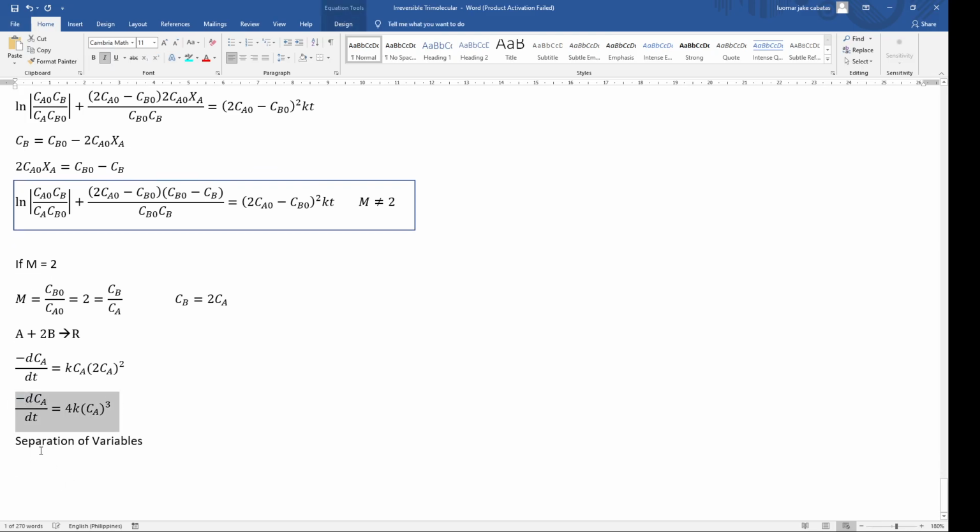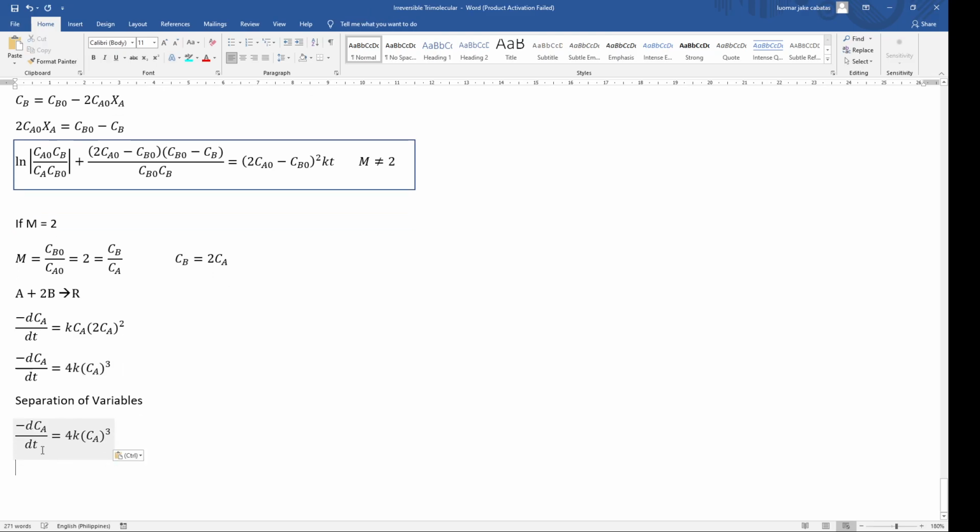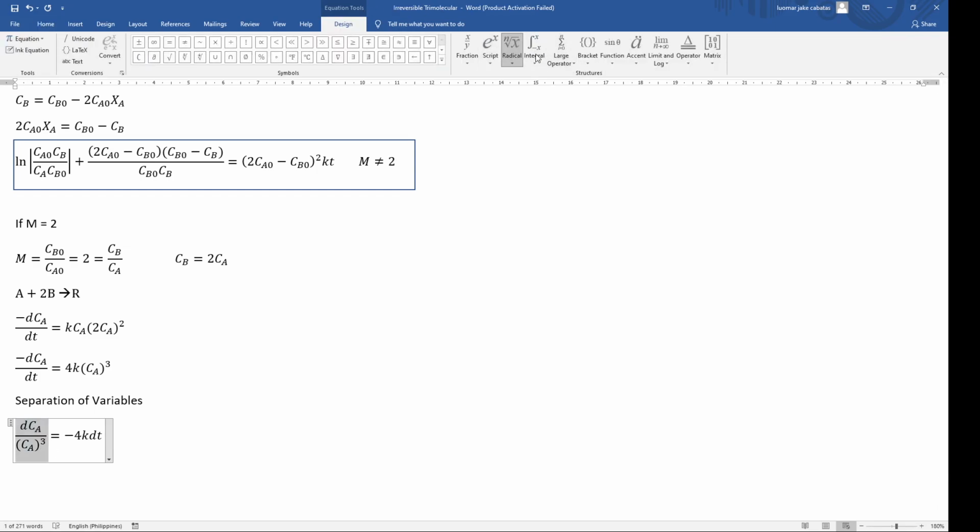So after doing separation of variables, dt, we transfer the negative. Then we put in the integral. We have from CAO to CBO, and for this one we have 0 to t.